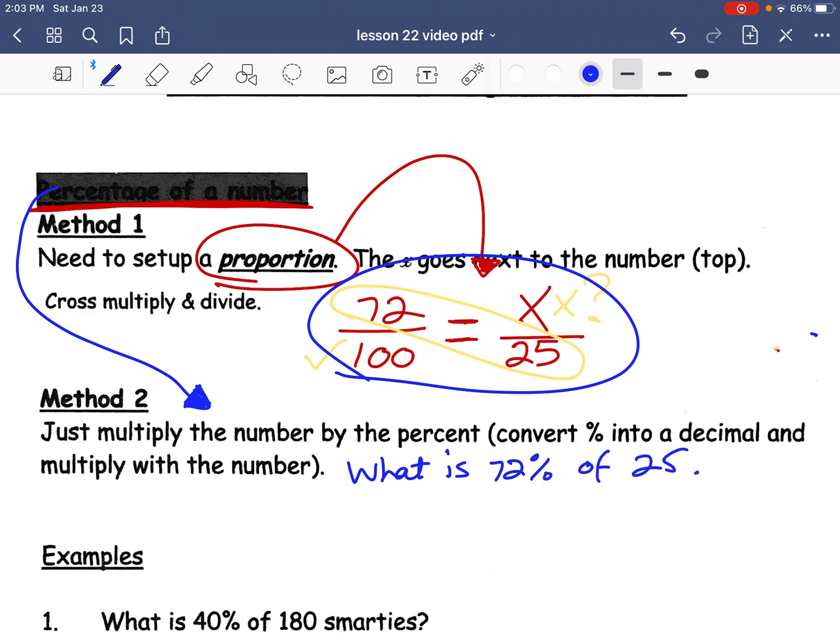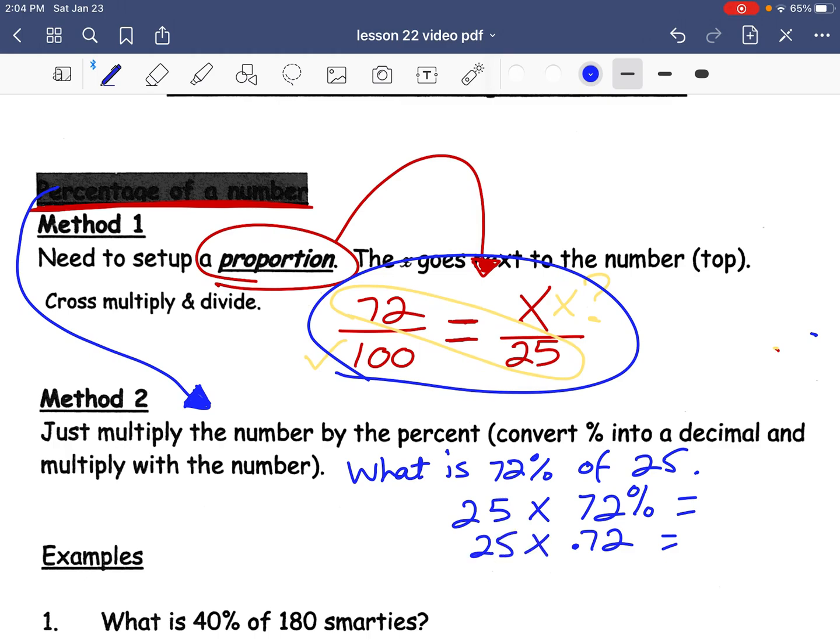That's exactly a percent of a number. You would easily type into your calculator 25 times 72% equal sign to get your answer. With previous knowledge, you could also change that percent to decimal 0.72 for a very easy, straightforward calculation.